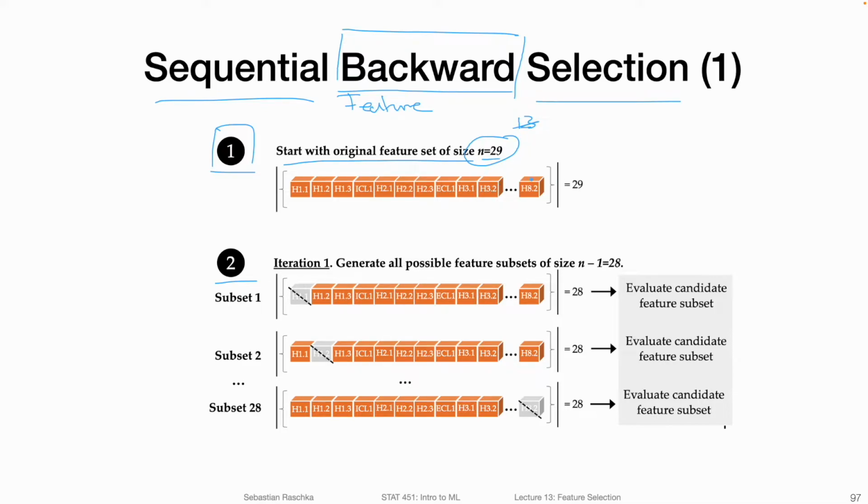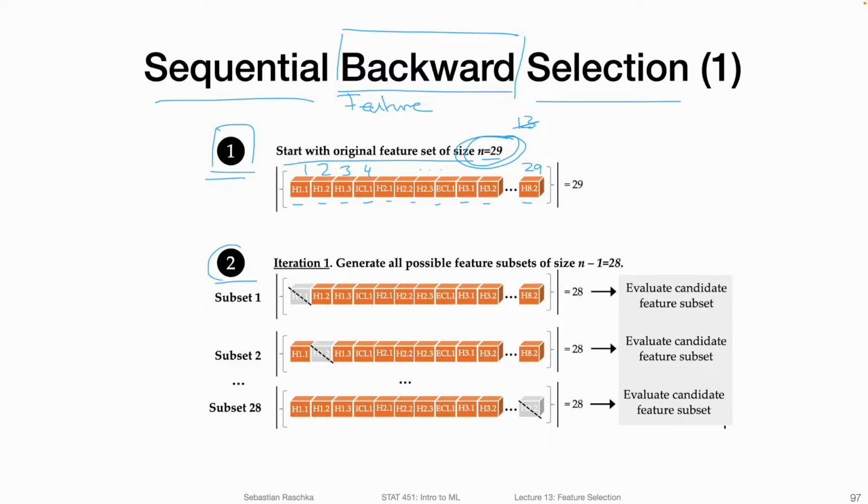The different features have very weird names, which is very special to the data set that we worked with. So for simplicity, you can think of feature 1, feature 2, 3, 4, and so forth, up to feature 29. This would be our starting condition, where we use all the features that we have in the data set.